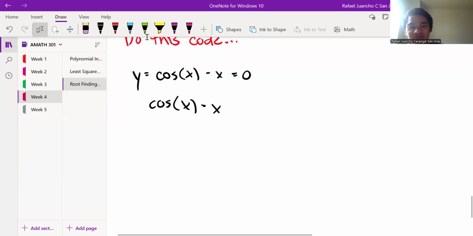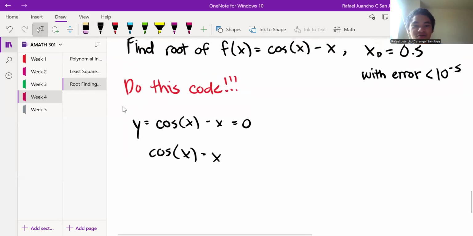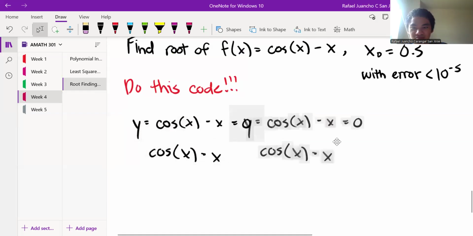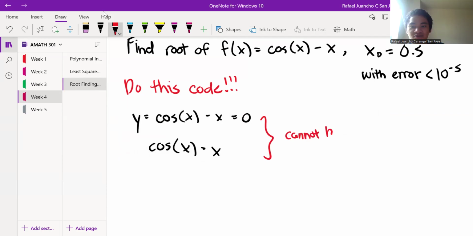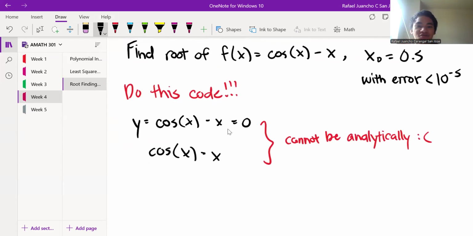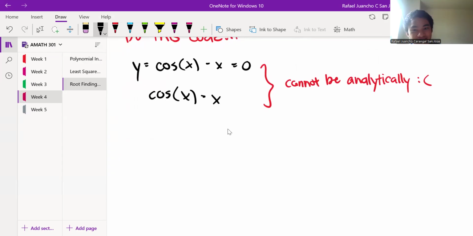These are also one of the reasons why we want to use numeric methods, because they cannot be solved analytically, this way. These are what we call analytical, because we're finding exact solutions. Sad face. But through code, we were able to find the root more precisely compared to Desmos.